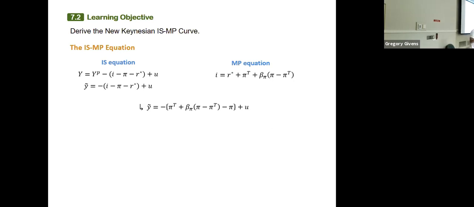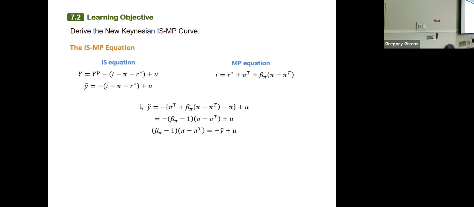Now, really all we need to do is solve this equation for pi in terms of the output gap. Remember, we want inflation to be the left-hand side variable here because that's the variable we're graphing on the vertical axis, okay? Well, notice that inside these squiggly brackets I have essentially a beta pi times the inflation gap term minus another inflation gap term. So that becomes negative beta pi minus 1 times the inflation gap plus the demand shock, okay?